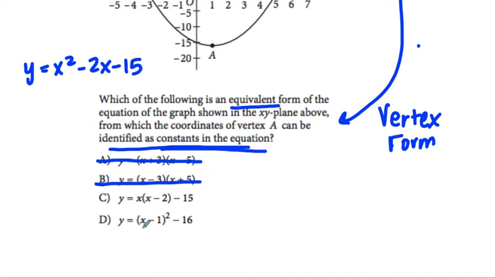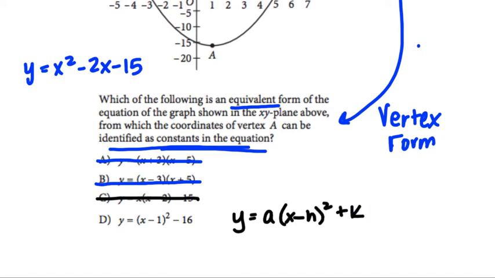Now, we have to look very carefully. C is actually kind of tricky because it looks kind of like vertex form, but I don't see a square there. And if I distributed this, it's going to actually give me the standard form equation. So it's not C either. So D could actually be my only option. Is it in the form y equals a(x minus h) squared plus k?